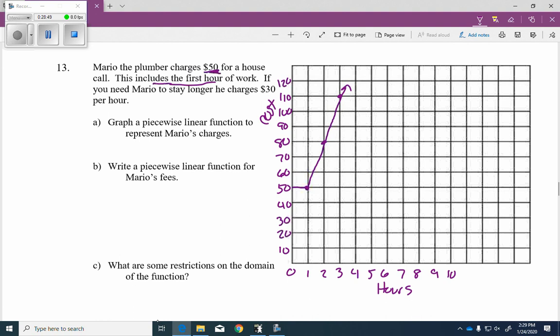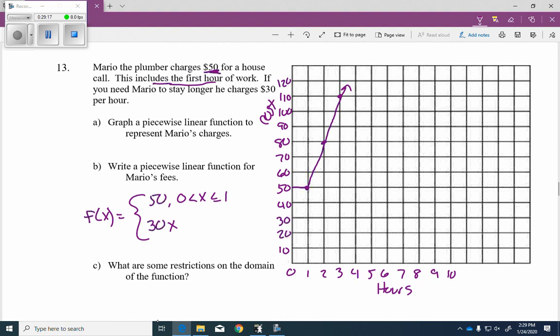Now it asks us to write that function, so there are 2 pieces to what I wrote. The first one is a horizontal line at 50, and it exists from 0 to 1. I'm including that 1 hour in the 50 because it does say he charges $50 and it includes the first hour of work. So after the 1 hour is when it increases, when we pay $30 per hour.